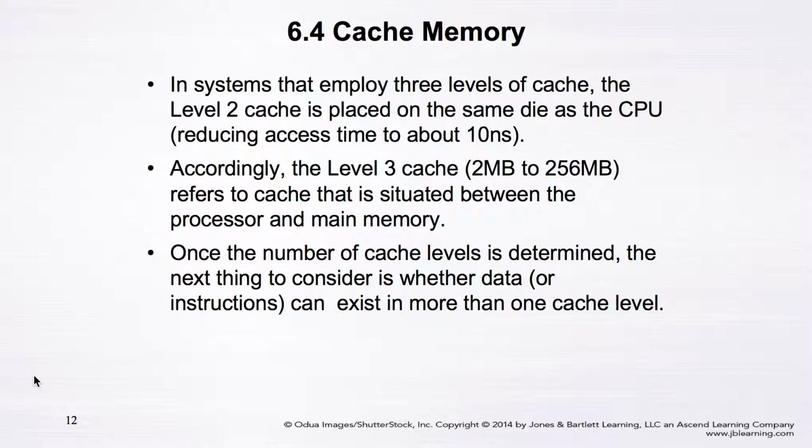The level 3 cache has a much larger capacity, about 2 megabytes to 256 megabytes. That refers to the cache that is situated between the processor and the main memory. Once the number of cache levels is determined, the next thing to consider is whether data or instructions can exist in more than one cache level or not. We are going to discuss this further in the next lectures.